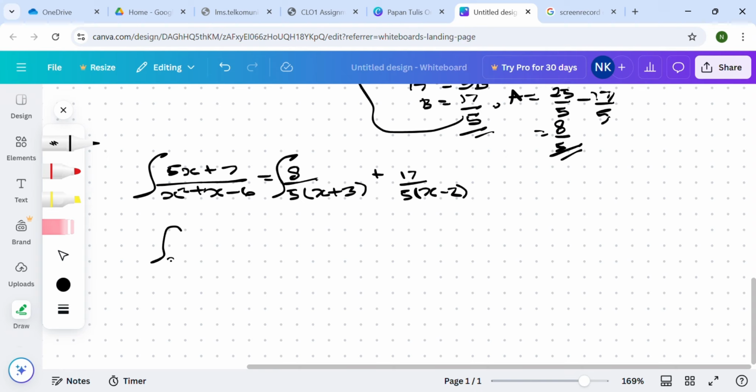Because the lower boundary is 3, 5, and then it's also 5, 6, right? Plus 5, 6.